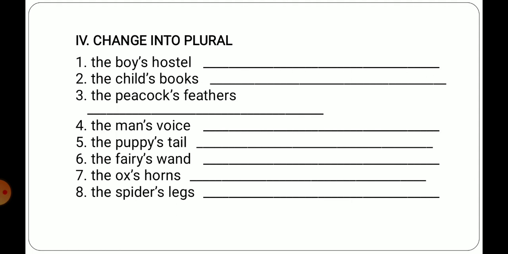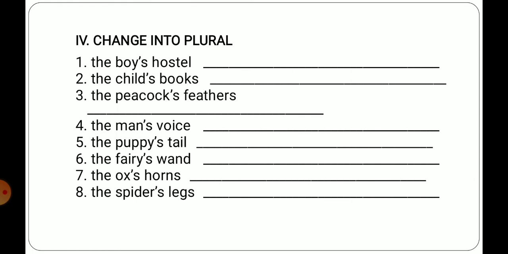Puppy is singular. When you remove Y and put IES, it will become puppies. So now after converting it into puppies, use the apostrophe rule. Fairy ending with Y, it will take IES, fairies will be plural. So after converting fairy into plural, use the apostrophe rule.